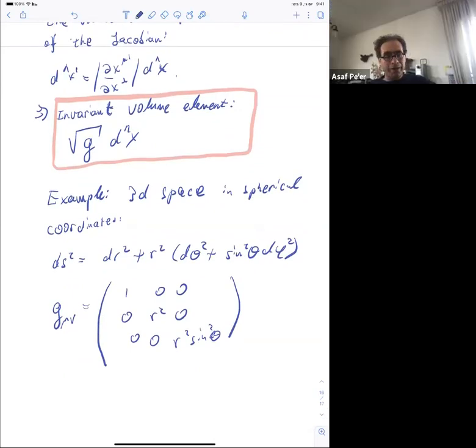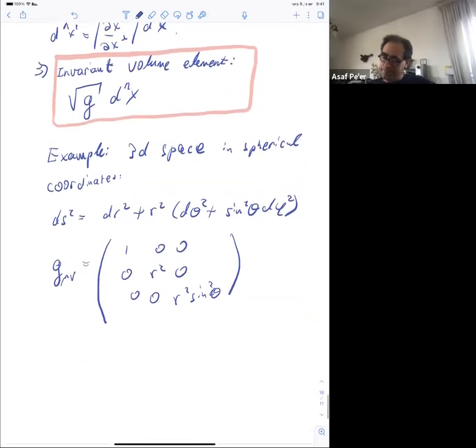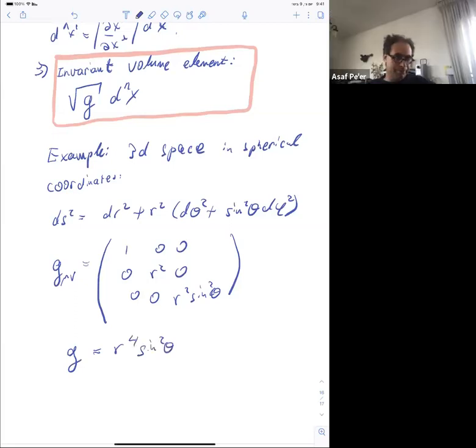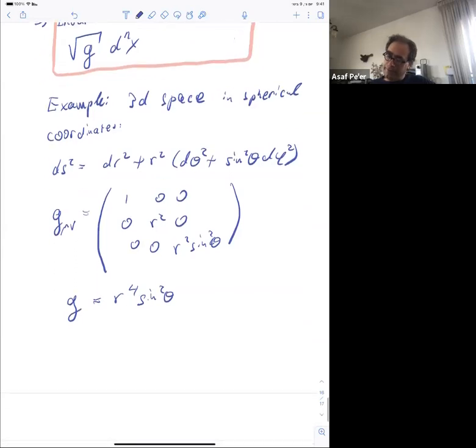So what is the determinant of G? It is r to the power of 4 sine squared theta, no? Very good.